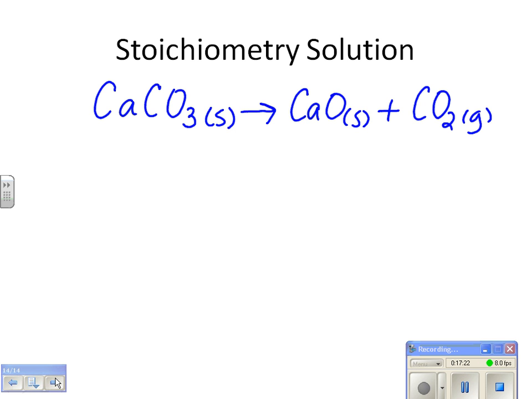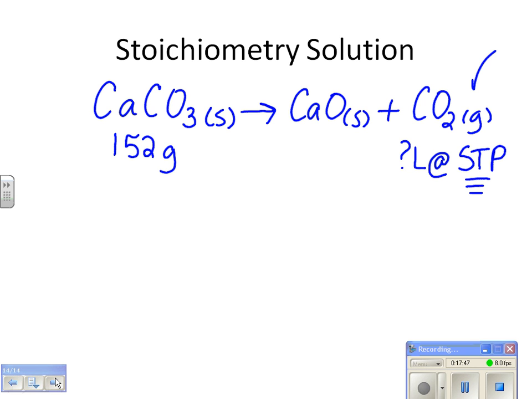Next, what do we have to do? We have to balance the equation. Ta-da! It's already balanced. So, let's write down what we're given. We're given 152 grams of calcium carbonate, and we're asked to find the volume of carbon dioxide at STP.